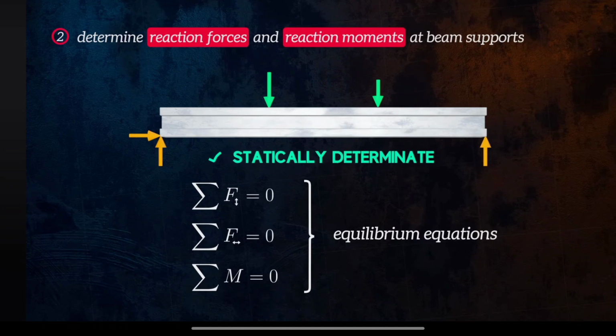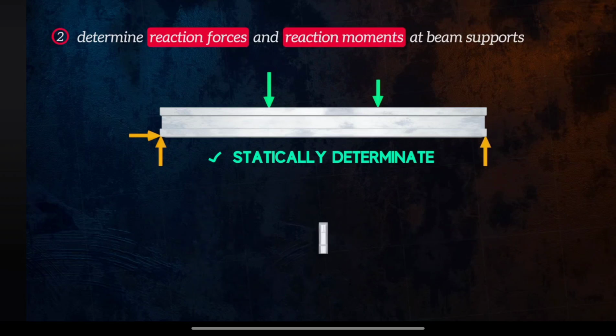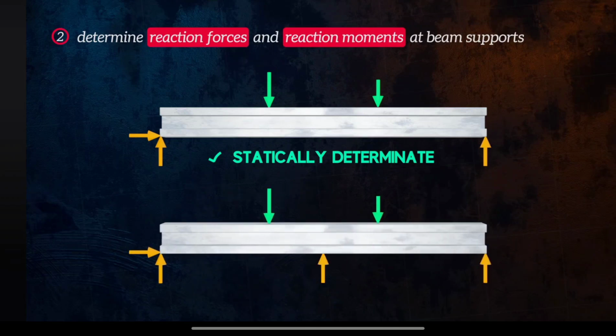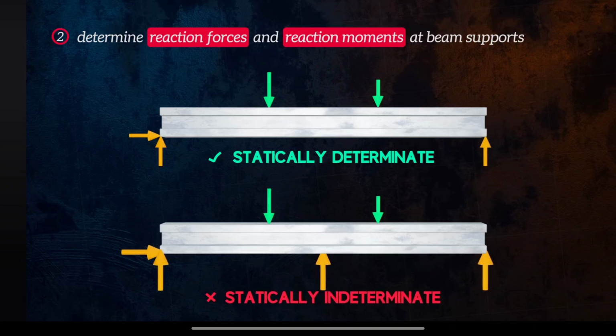For some beam configurations, like this one shown here, we won't be able to calculate all of the reaction loads because we have too many unknowns and not enough equilibrium equations. In this case, the beam is said to be statically indeterminate. This beam has 4 reaction forces, but we only have 3 equilibrium equations.